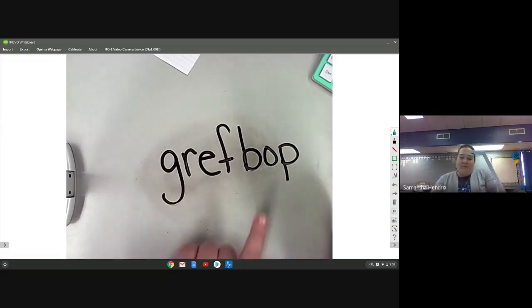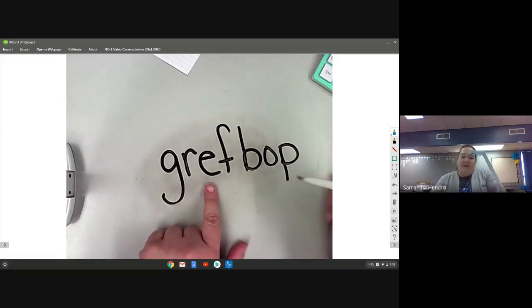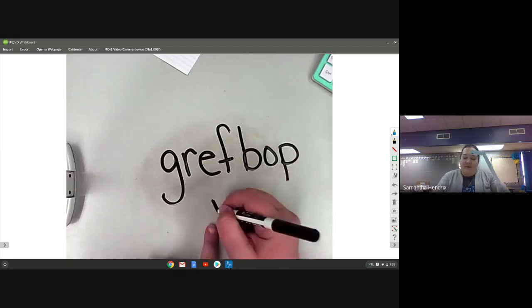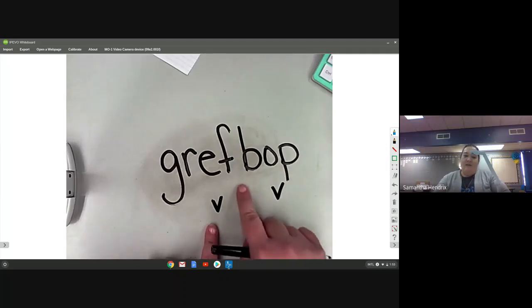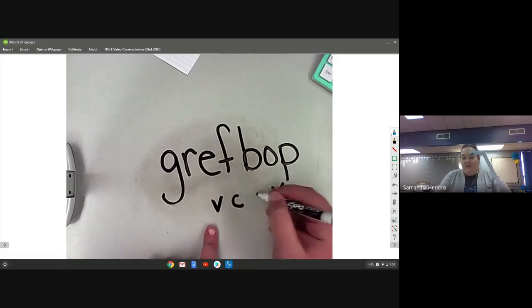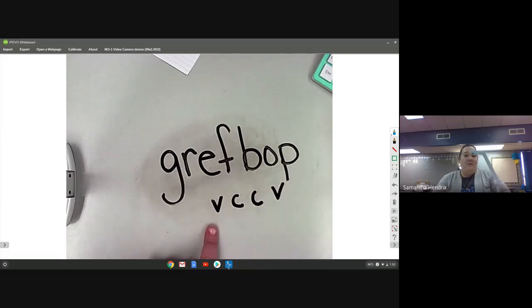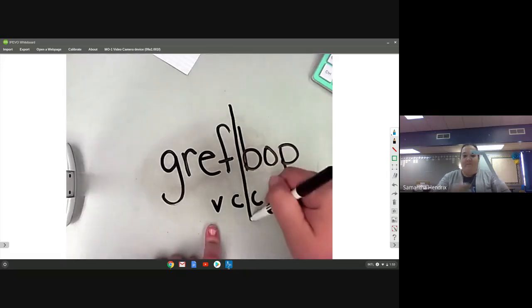Let's code it. Here is our vowel and a vowel, so let's label our vowels. What's between those vowels? We have a consonant and a consonant. So where's our division line going to go? Tell me, between which two letters? Good, between the F and the B.